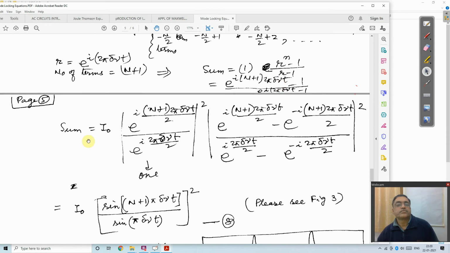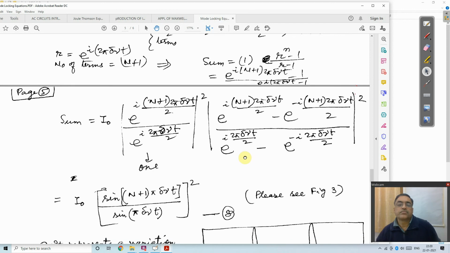Then we see the sum is equal to some peak amplitude, and then we take out half of this power in the numerator as well as denominator. So what remains inside? Half of this power, then the other negative half.